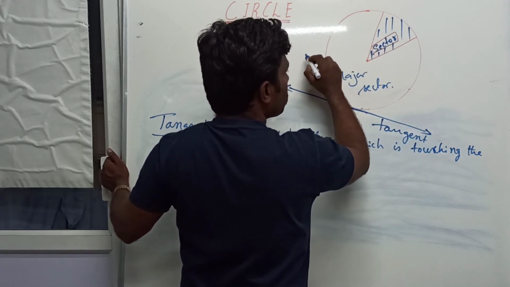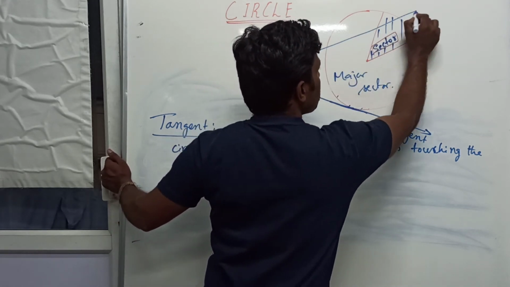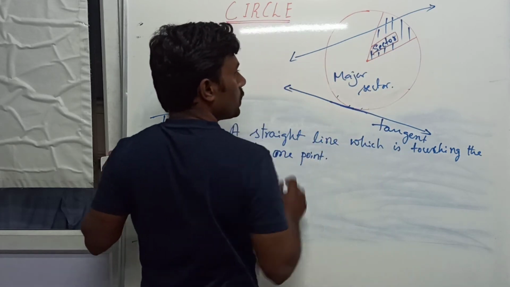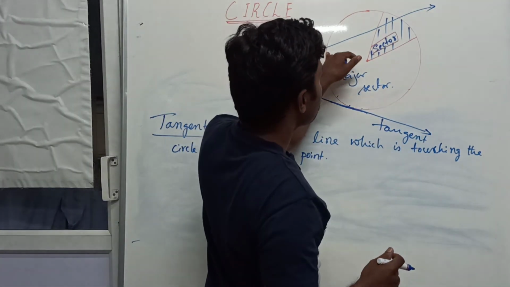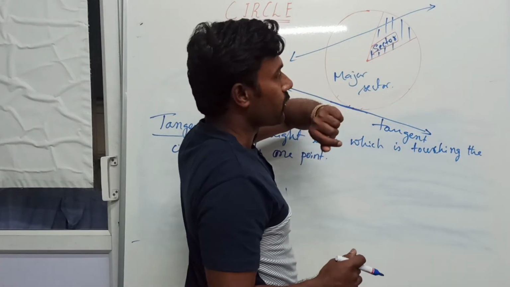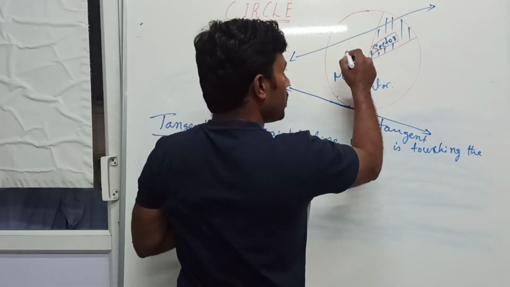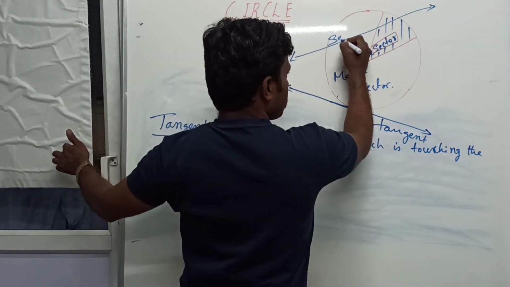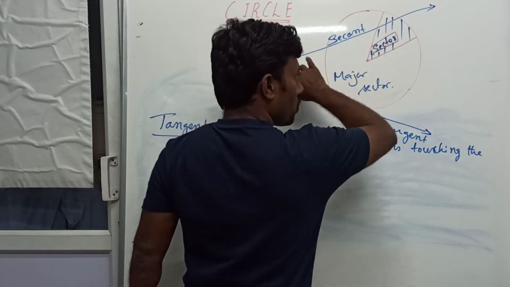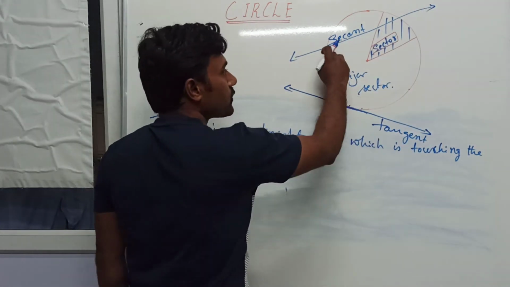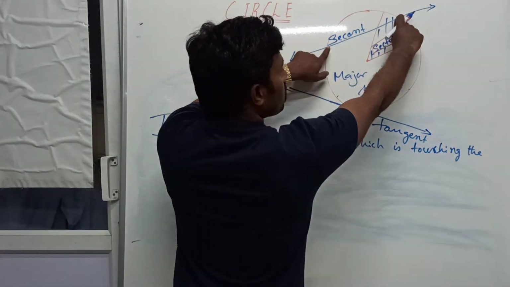If a line is intersecting or passing through the circle at two distinct points, then it is a secant. This line is passing through the circle, intersecting at these two distinct points.